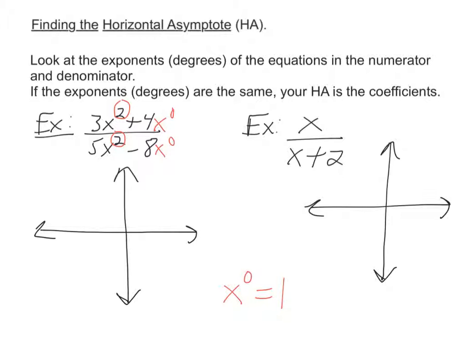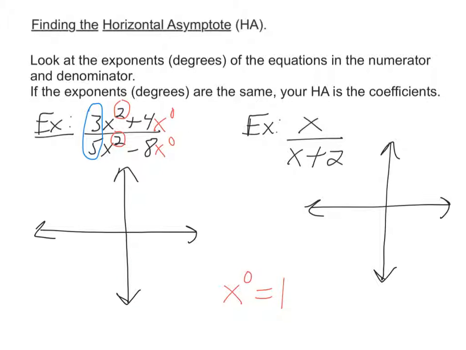So since the numerator and denominator, the highest degree is 2, and they are exactly the same, then we're going to look at the coefficients, which are right there, the 3 and the 5. So that is our horizontal asymptote.